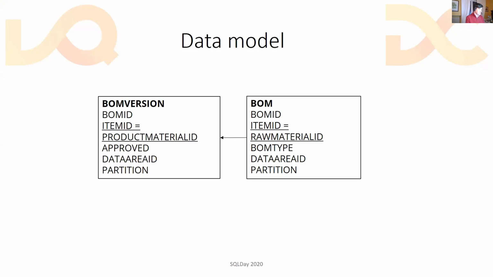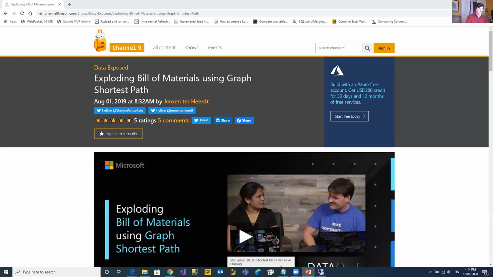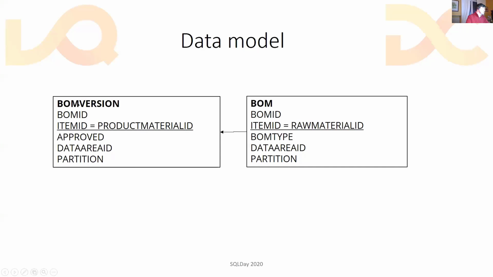Dynamics and AX have the same structure. Inside Dynamics, I'm basically using two tables: BOM version and BOM, where for every item ID I have a one-to-one relationship with the BOM ID.